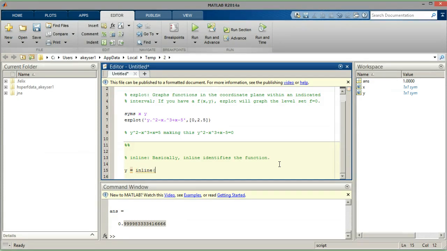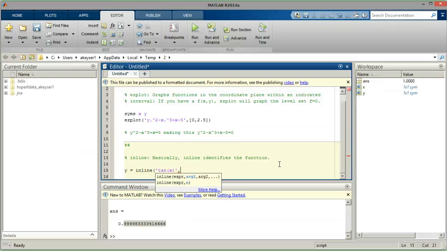So inline, we're going to use our quotation marks again, tangent of x. Now you're telling the computer this is a function, but now you need to tell it what this is a function of. You're telling it is a function of x. So let's put x here.